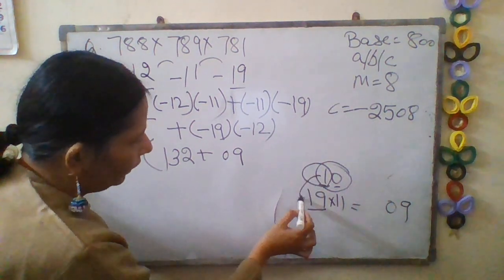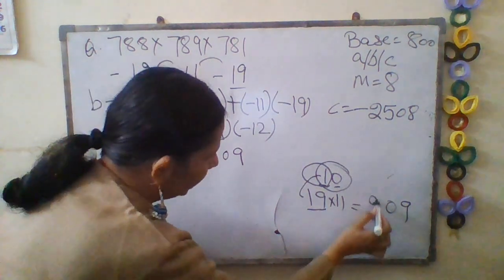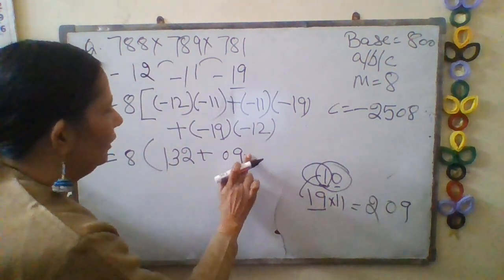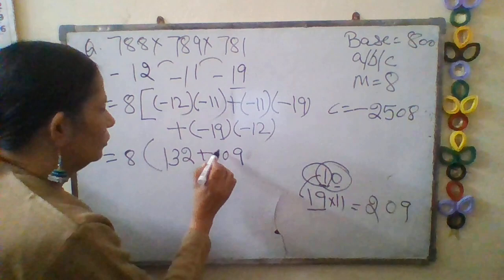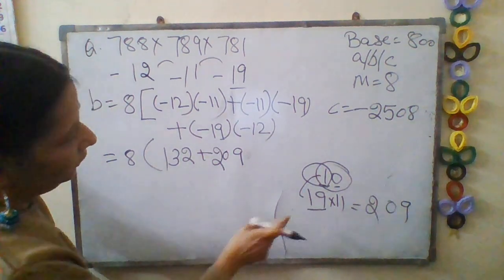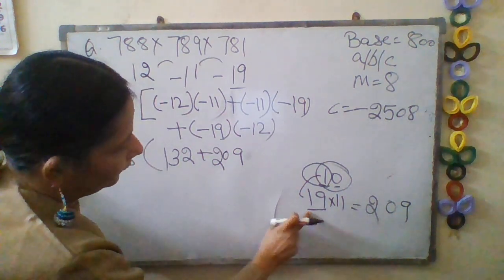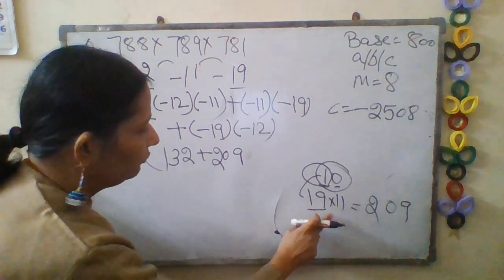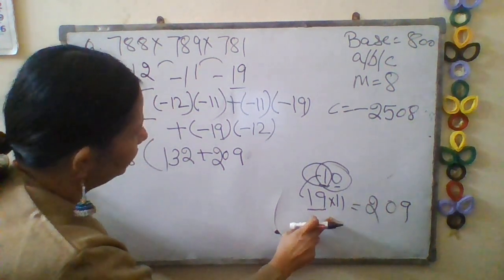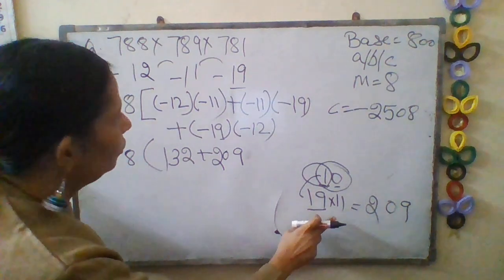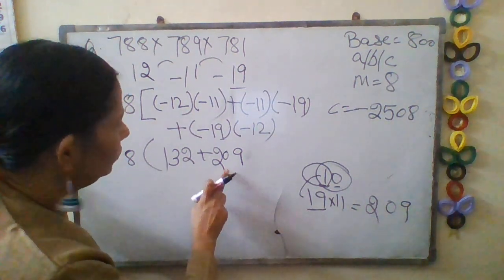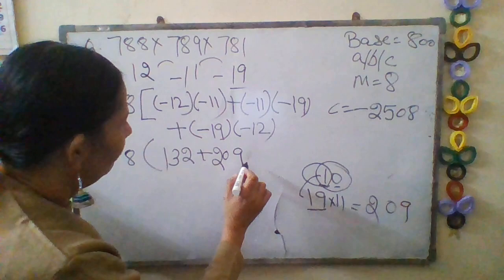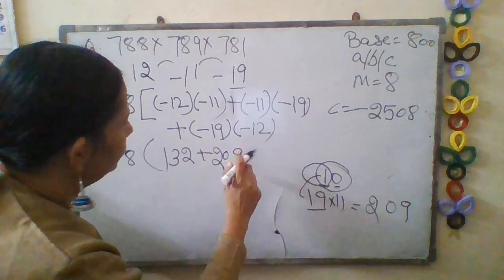So you will add 1 with this one. 1 plus 1 is 2, so you will get 2. So when you multiply 19 by 11 with my trick, I have done this multiplication using the trick. Okay, so here you will get 209 and you have to multiply now 19 into 12.